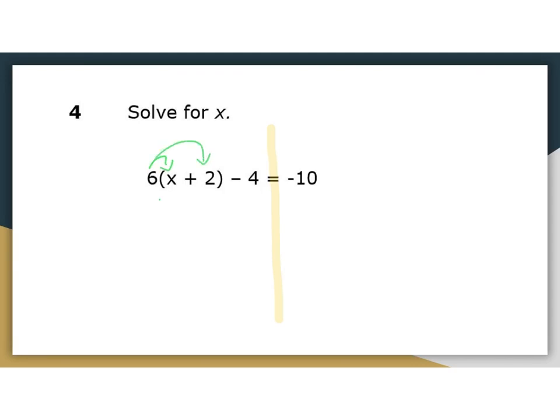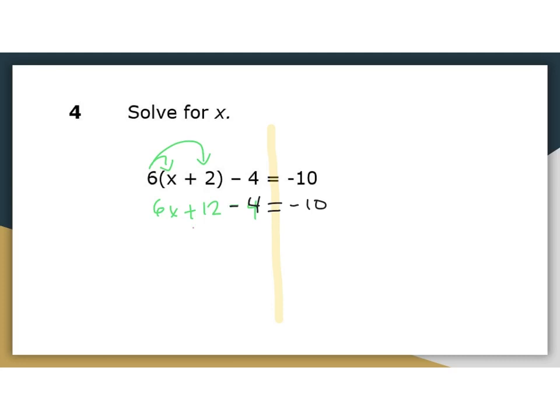And that gives us 6x plus 12 minus 4, because that minus 4 is not in the parentheses, so it's going to stay as is, and equals negative 10. Now before I set up my column to work backwards, I'm going to combine my like terms.